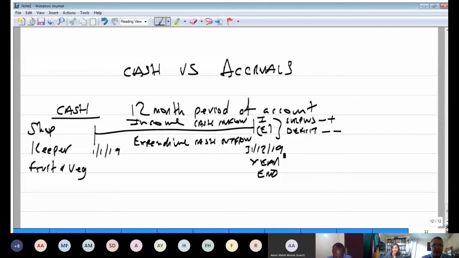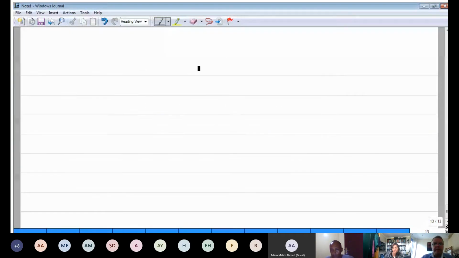Now, that's nice and straightforward. We know exactly when it's coming in. Now, one thing that the 2017 standard then wants you to do is move towards the accruals. Okay, so transition to the accruals concept.